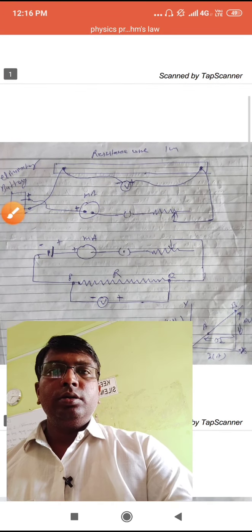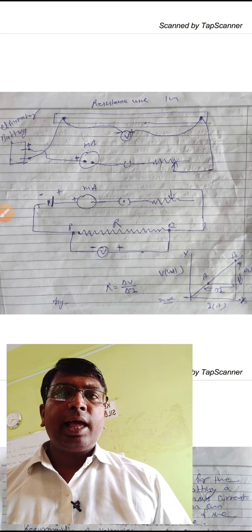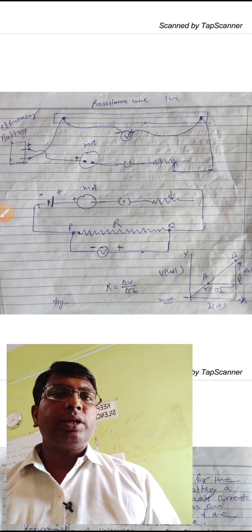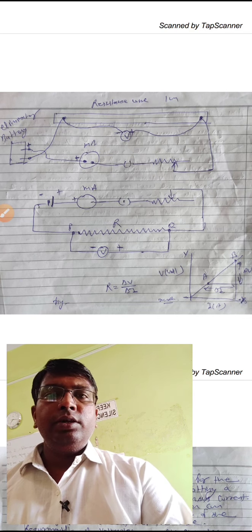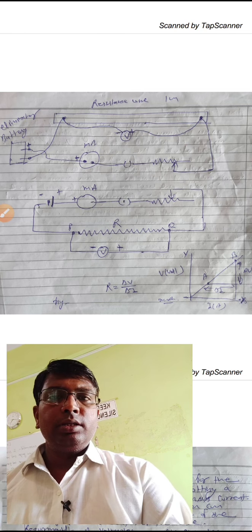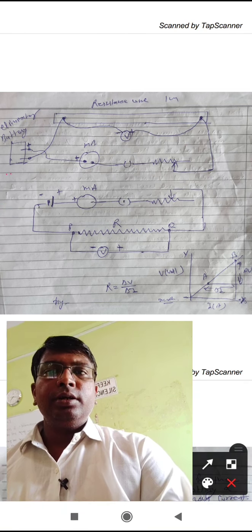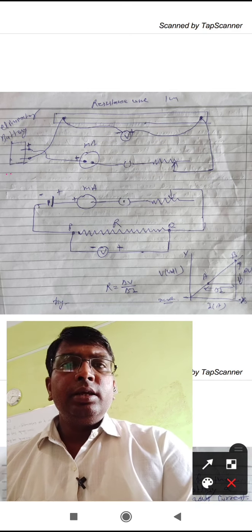Here is the circuit arrangement for calculating the resistance. We introduce this circuit arrangement: the battery eliminator with positive terminal and negative terminal. Here is a 100-meter long wire.